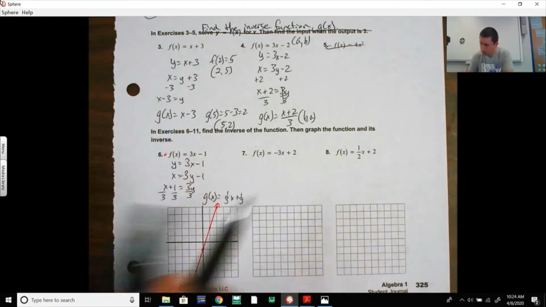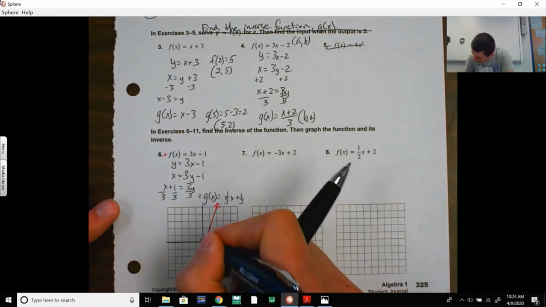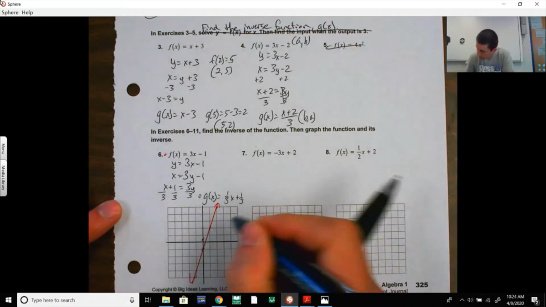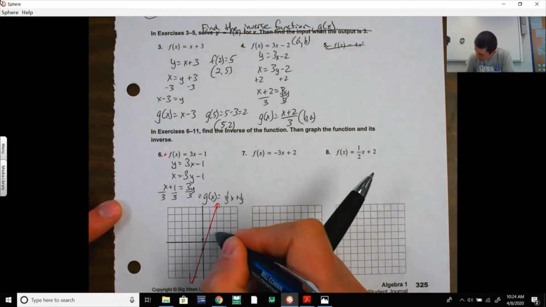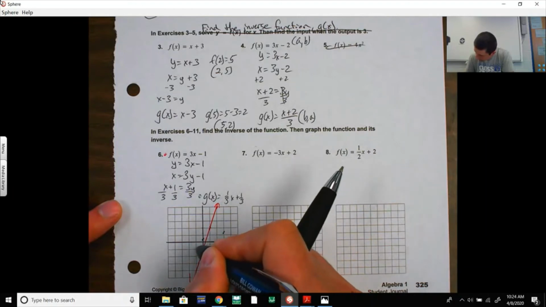There's that. And let's go green for my inverse. 1/3 x plus 1/3. So 1/3 is about right there. Up 1 over 3. Or I can go down 1, left 3.